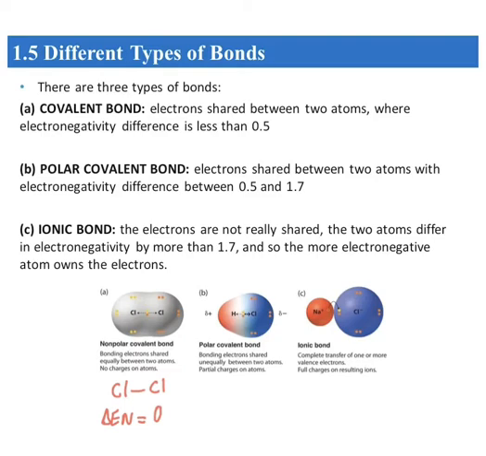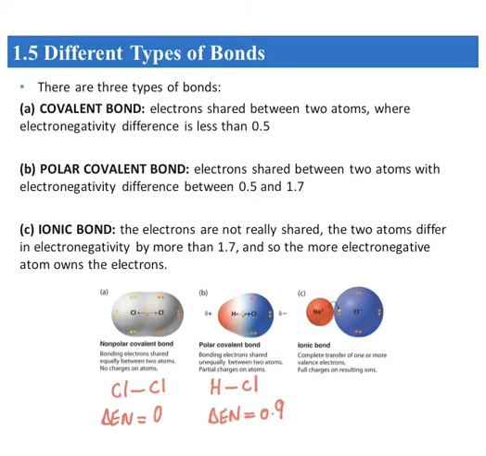Now if you consider the bonding in hydrogen chloride, HCl, hydrogen has an unshared electron, chlorine also has an unshared electron. They will share those electrons with one another to make a single bond. If we calculate the electronegativity difference between hydrogen and chlorine, that would be 0.9, which falls within this range.